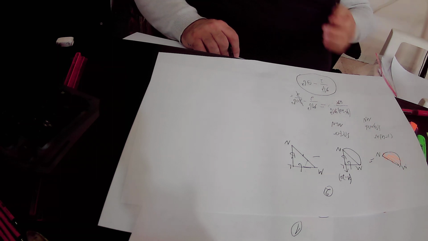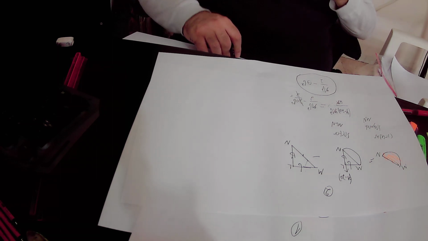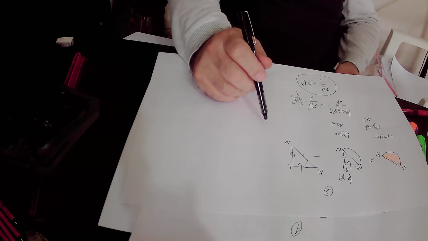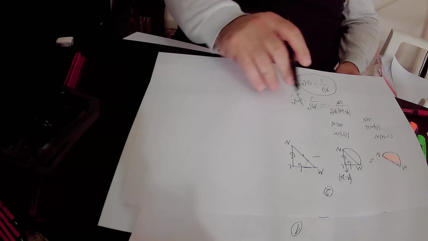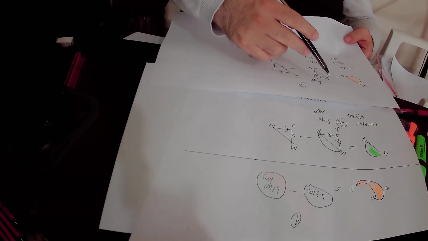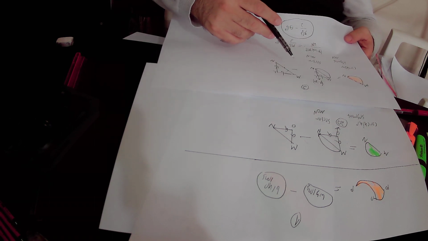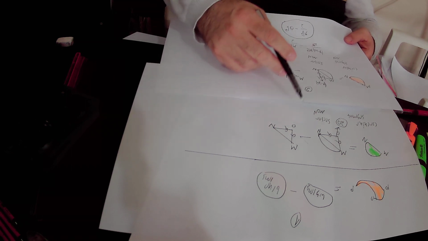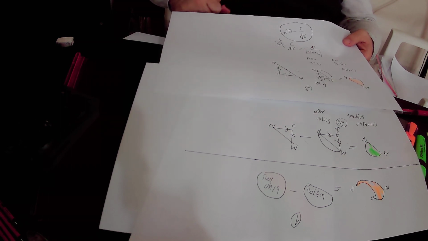So in conclusion, we can write that the area of the lens itself is equal to the sum of the areas of the two sectors minus the sum of the areas of the two triangles. Okay?